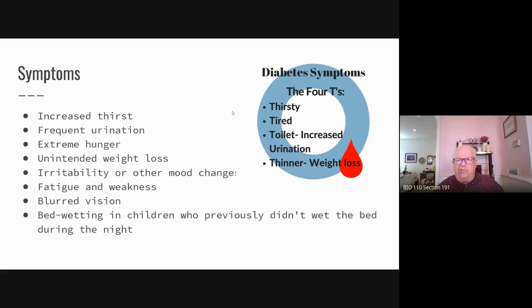Polydipsia, you drink too much. And polyphagia, you eat too much. So the symptoms are increased thirst, frequent urination, extreme hunger, weight loss that you didn't intend to lose, irritability, fatigue, blurred vision, and bedwetting in children.